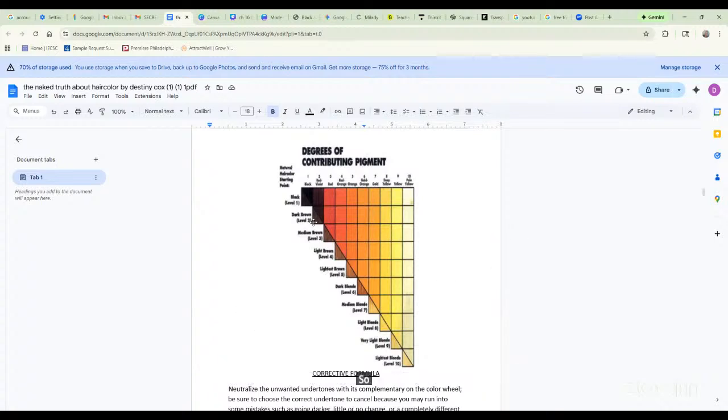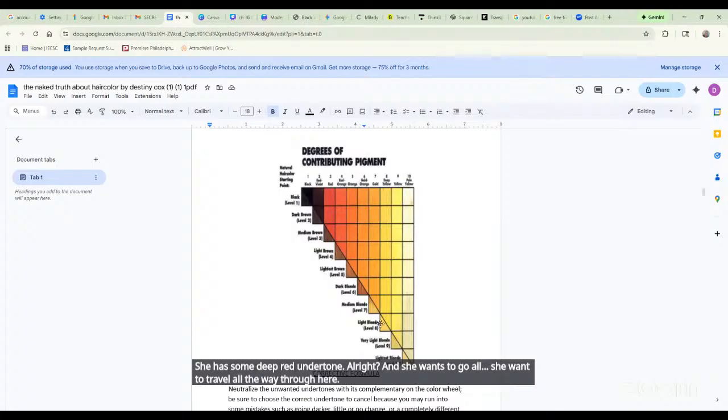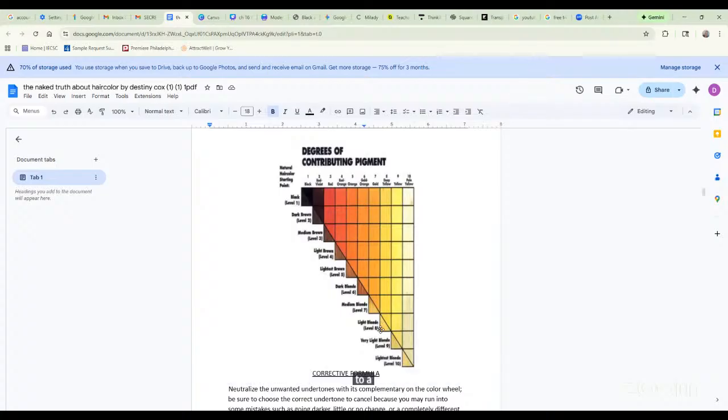So although she's a 2, she has some red violet undertone. She has some deep red undertone. And she wants to travel all the way through here to a light blonde, which is this deep yellow gold undertone, okay?